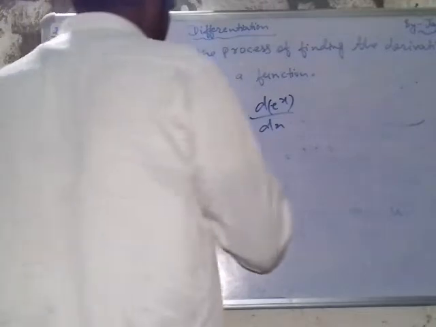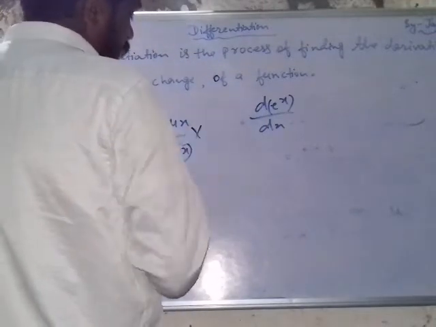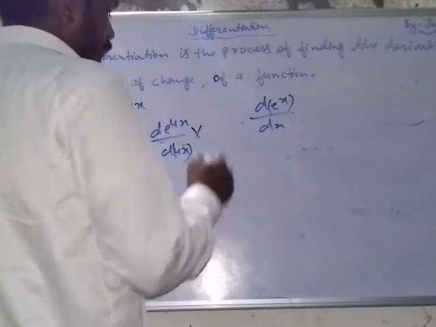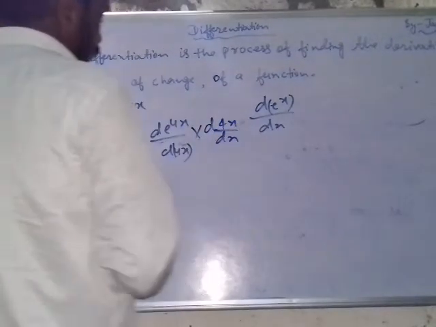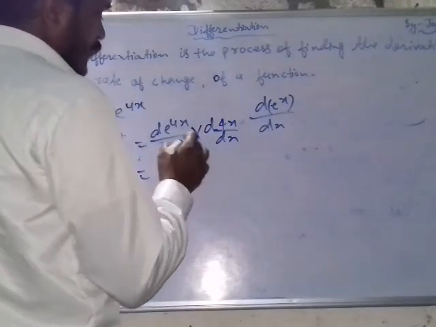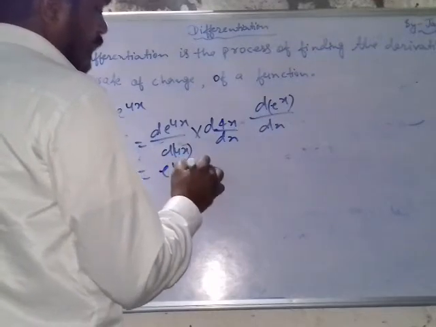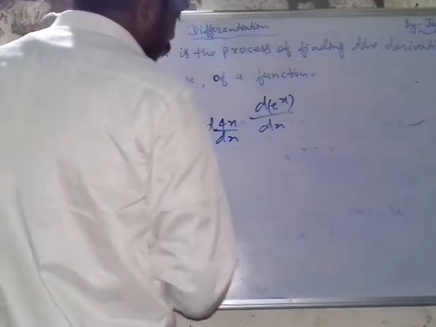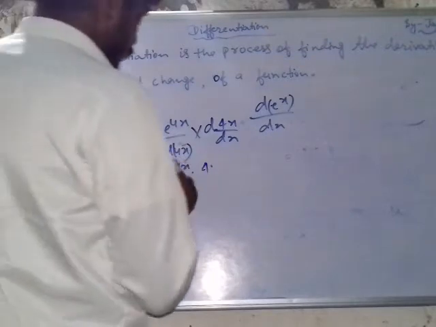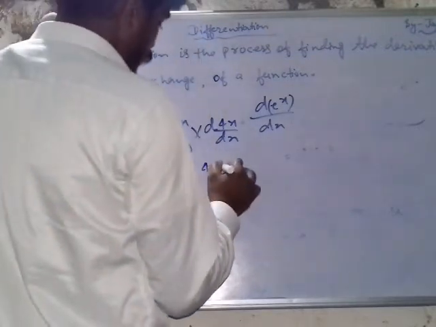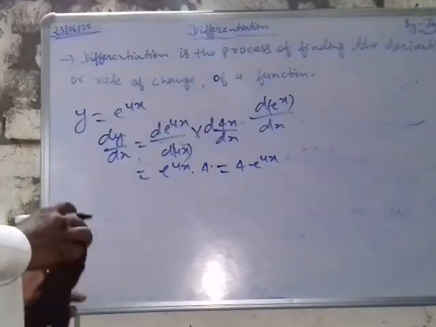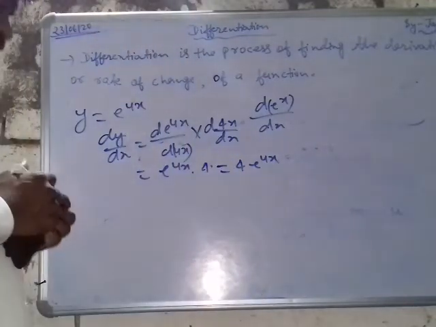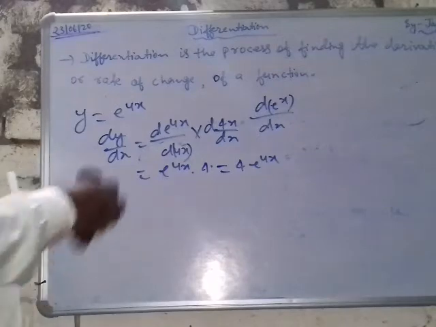Then we differentiate d 4x by dx, and it becomes exponential 4x into 4, that is 4 exponential 4x. This is the example for an exponential function.